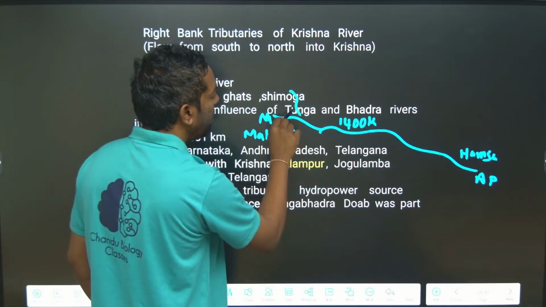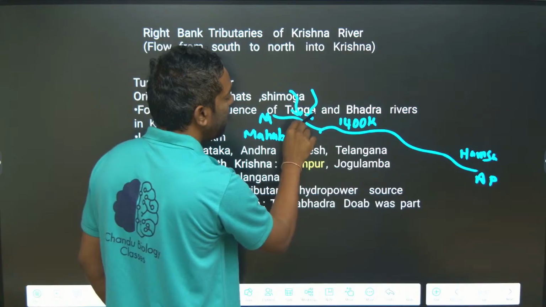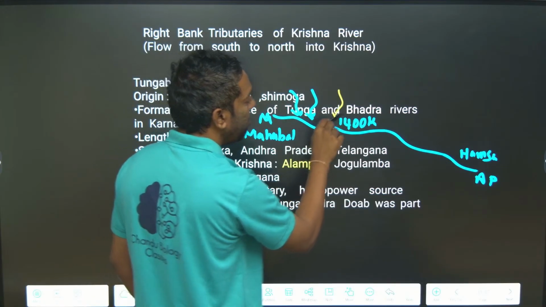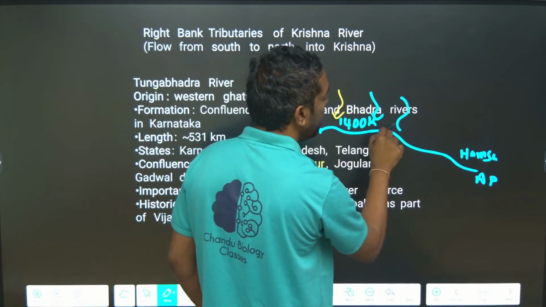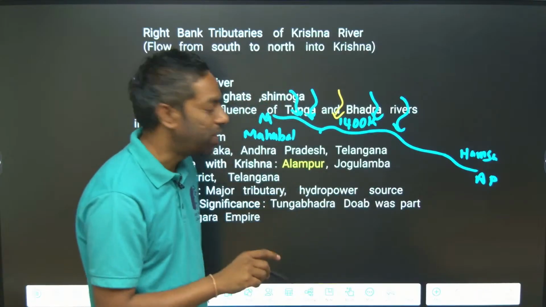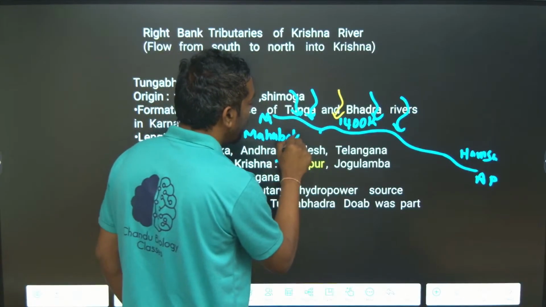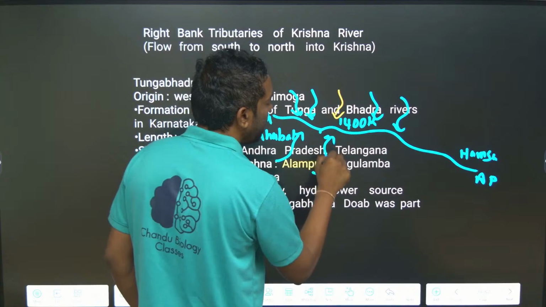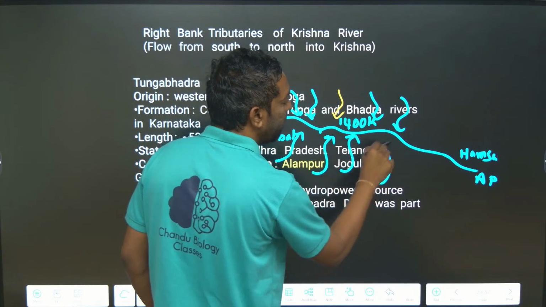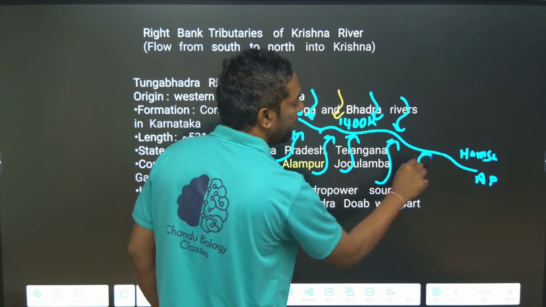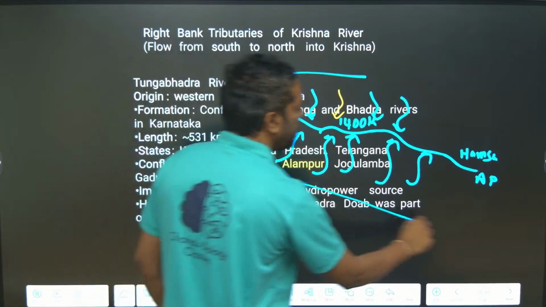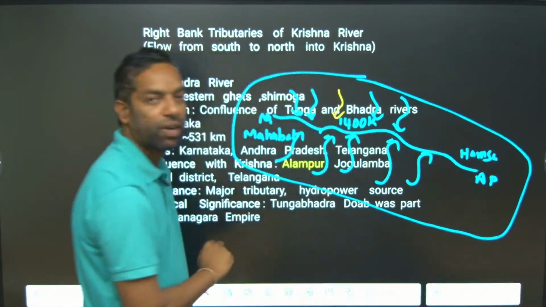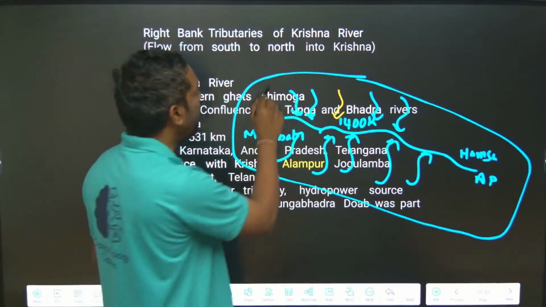Left bank tributaries come from the north to south side, and right bank tributaries come from south to north to reach the Krishna River.